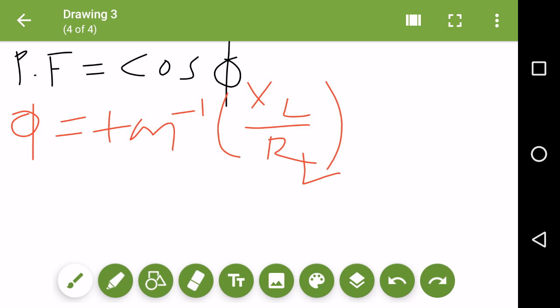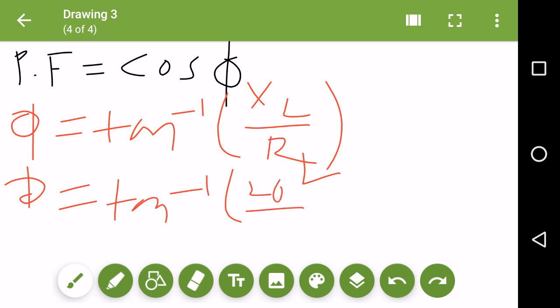So phi is given as tan inverse of, what is the value of XL? The value of XL is 20. And the R value is 15, not RL, we don't need RL, we just need the R value to find phi.